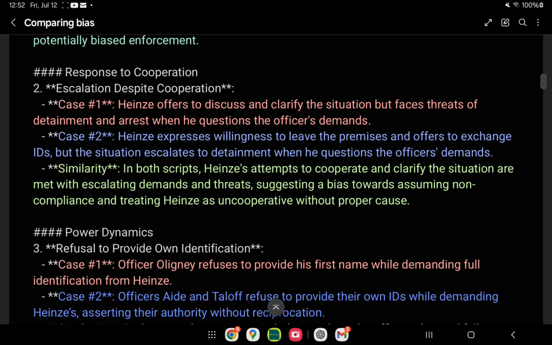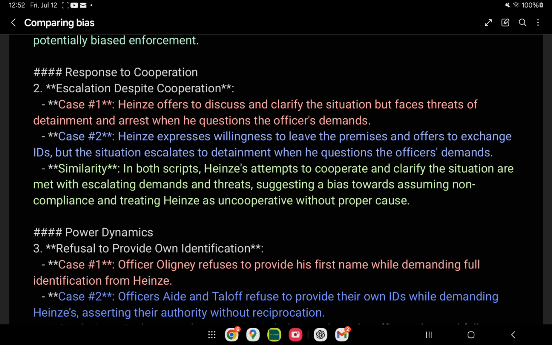Response to cooperation. Escalation despite cooperation. Case 1. Hines offers to discuss and clarify the situation but faces threats of detainment and arrest when he questions the officer's demands. Case 2.